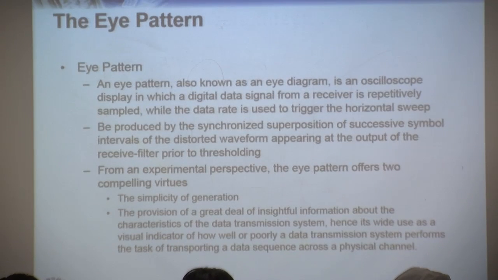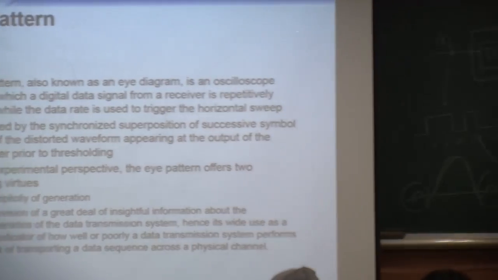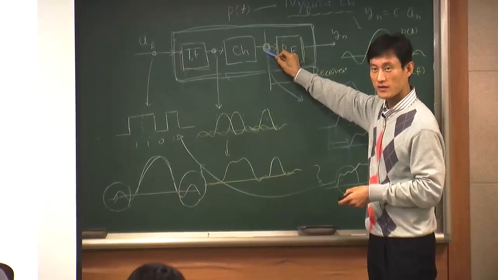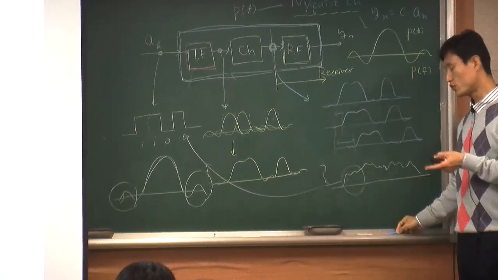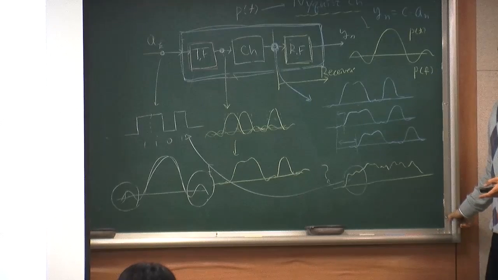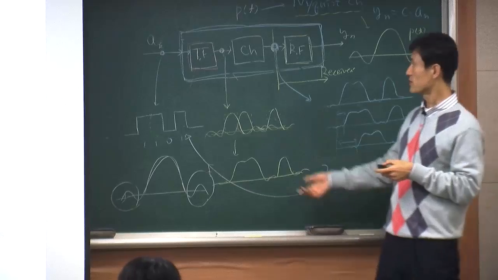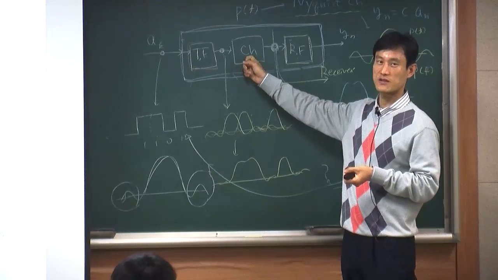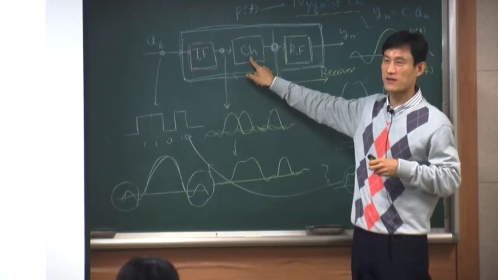We learned the eye pattern, and what was the eye pattern? Eye pattern is measured here, right here. Okay? You measure the eye pattern right here. And why do you measure the eye pattern? We measure eye pattern because we want to understand the channel. Let's say channel is perfect. Okay?